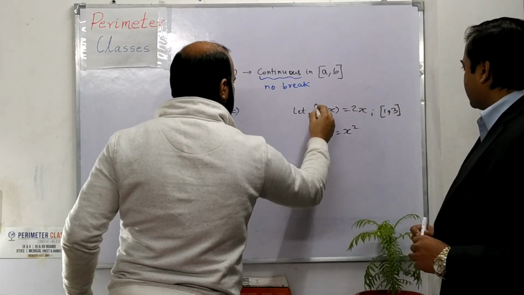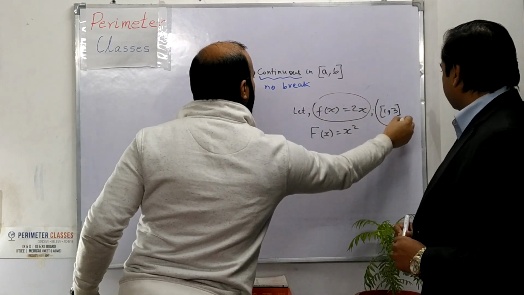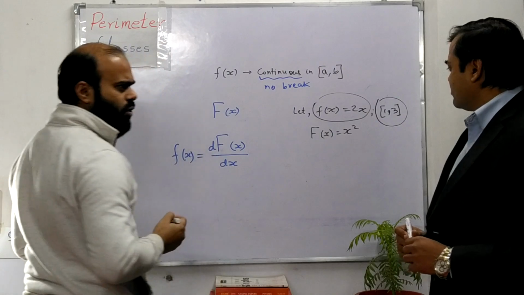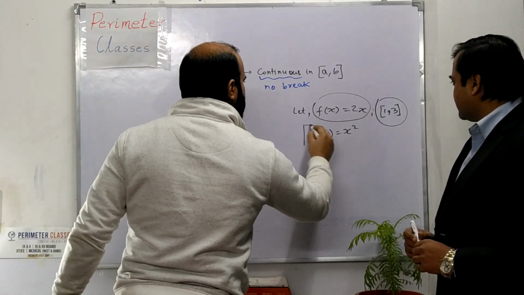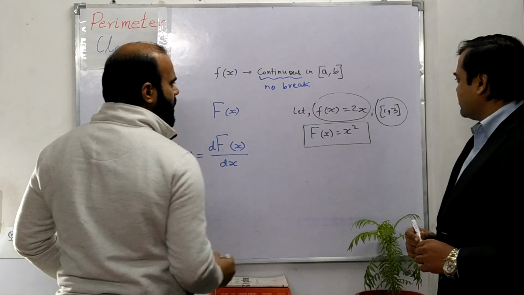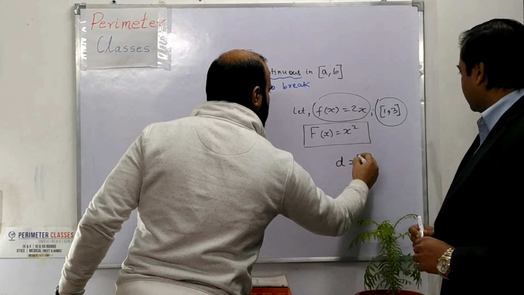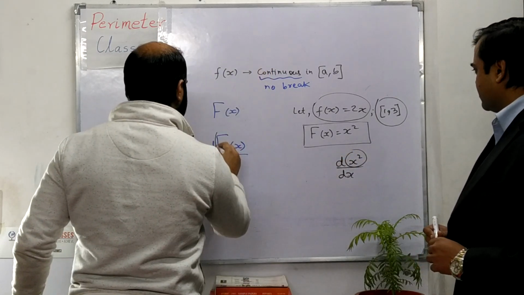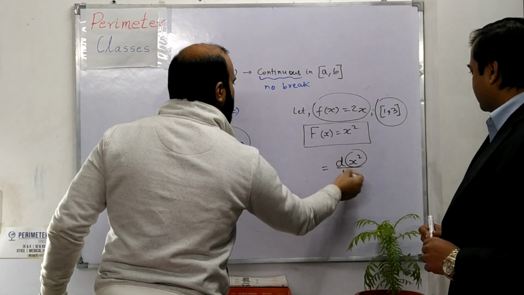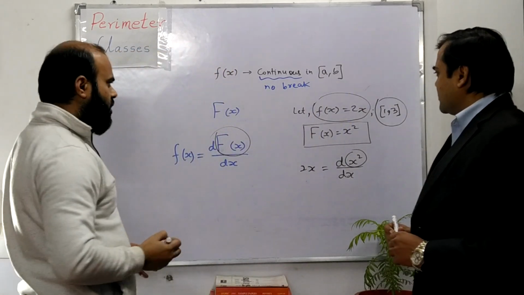So I can say that this function f(x) equals 2x is continuous in the interval 1 comma 3. And if I differentiate this x square, which is the capital F(x) function, with respect to x, it will give you 2x, which is the small f(x).